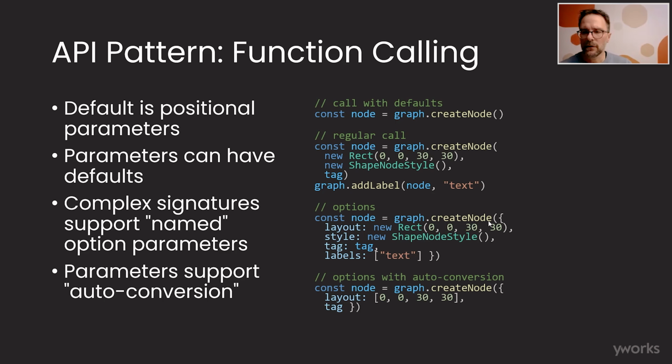There's something interesting happening here too. If you use the options parameter, some of these methods allow specifying additional options, like in this case the labels option, which is not available if you use the regular positional parameters, because this is basically equivalent to the above call, where after the creation of the node, we also call the addLabel method.